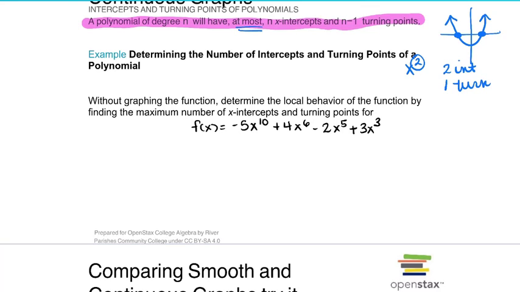So let's look at this example. It says, without graphing the function, determine the local behavior of the function by finding the maximum number of x-intercepts and turning points.